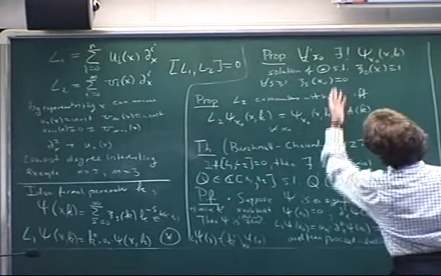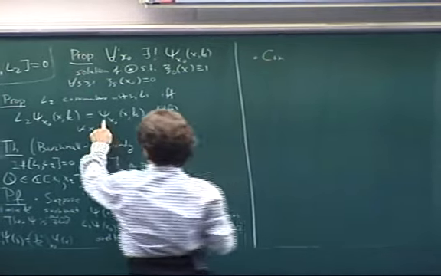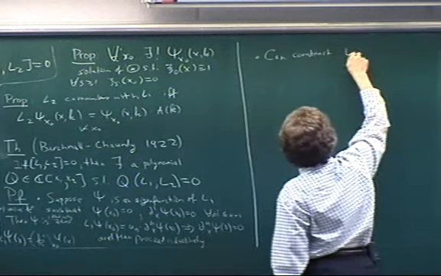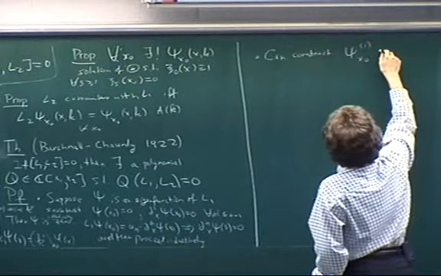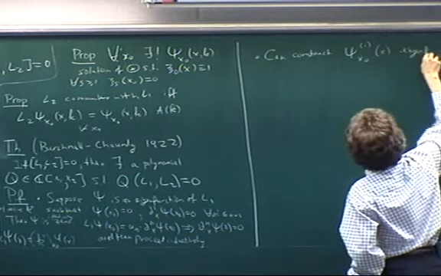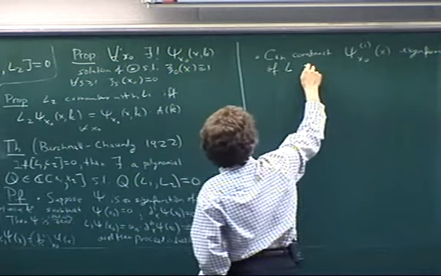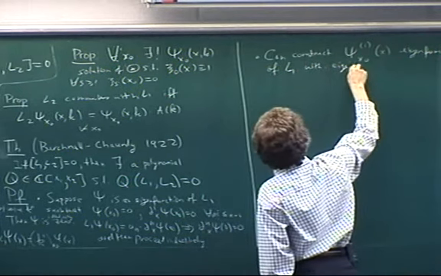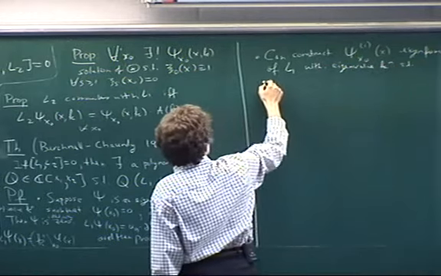The second observation is that in this discussion we constructed a function psi x naught, but we can also construct psi x naught i of x, eigenfunctions of L1 with eigenvalue k to the n, such that the way they are normalized is as follows.